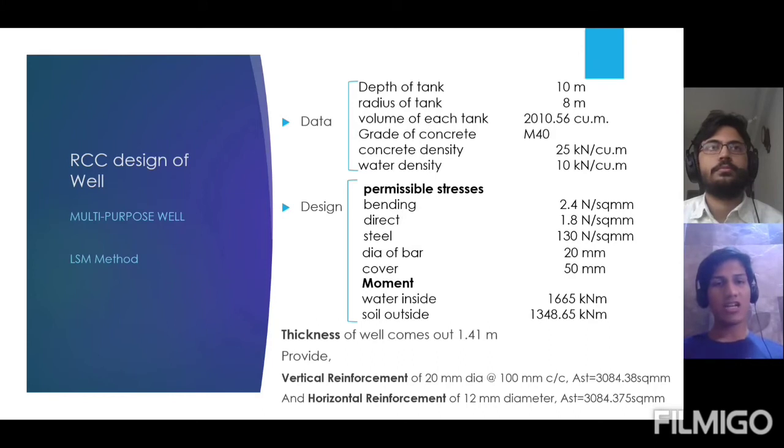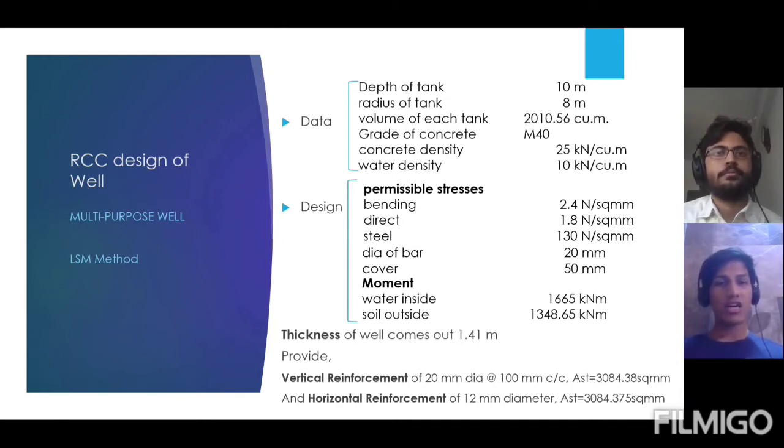As per the data taken, we will get permissible stresses: bending stress as 2.4 Newton per mm square, direct stress as 1.8 Newton per mm square, steel stress 130 Newton per mm square, and diameter of steel bar will be 20 mm, and the cover will be taken as 50 mm.